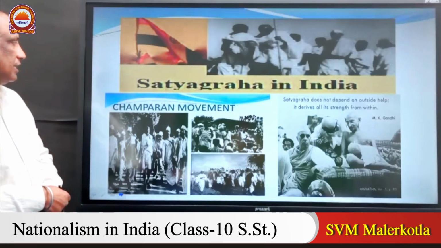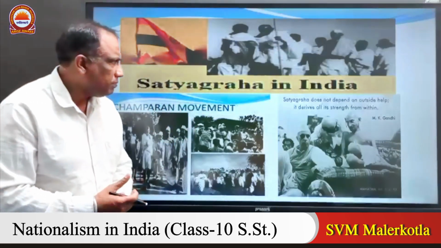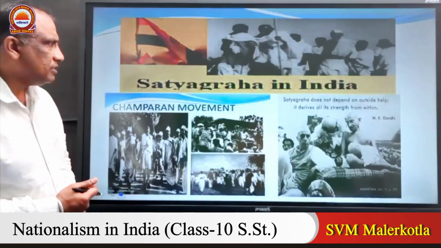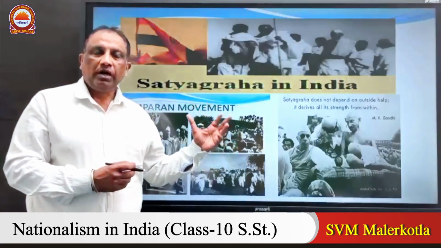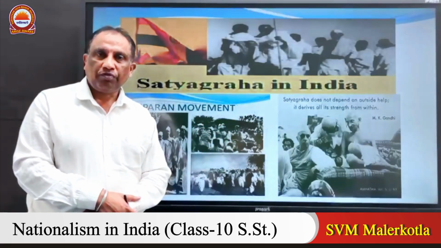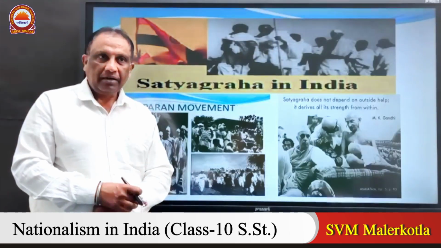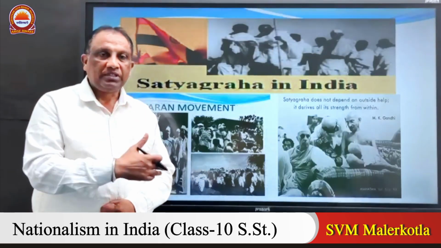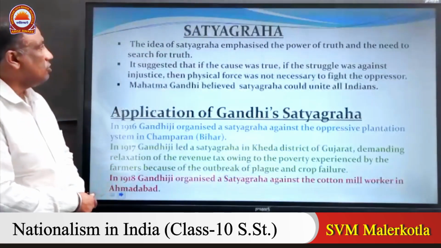Now Satyagraha in India, again the picture is there, the Champaran movement. Satyagraha does not depend on outside help, it derives all its strength from within. It was the great effort of Mahatma Gandhi after returning from South Africa in 1915. Gandhi started his experiment here in 3 laboratories, which we will see in the coming points. Now Satyagraha.